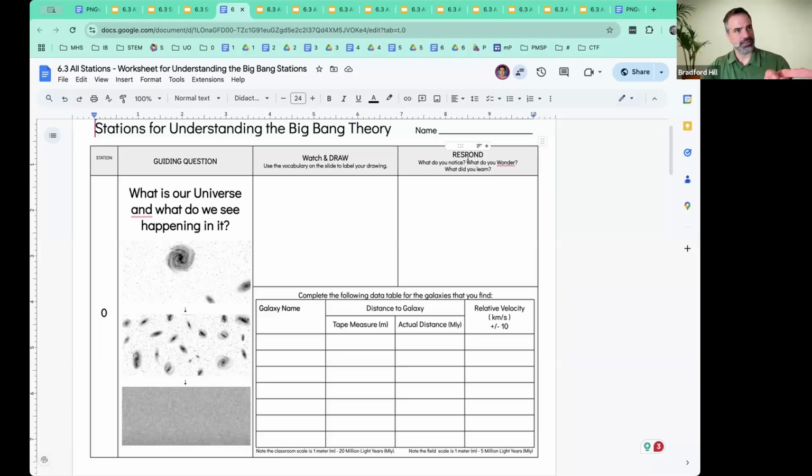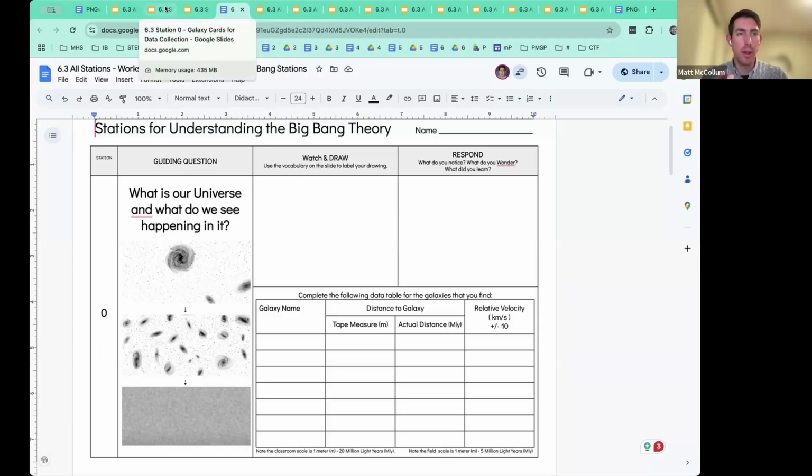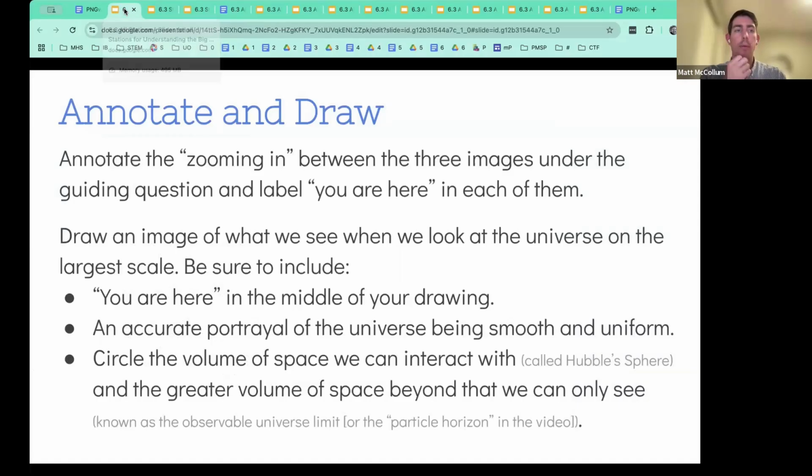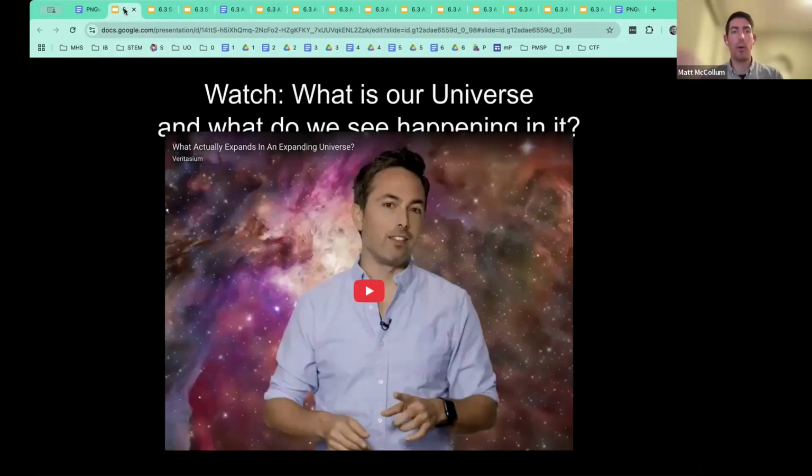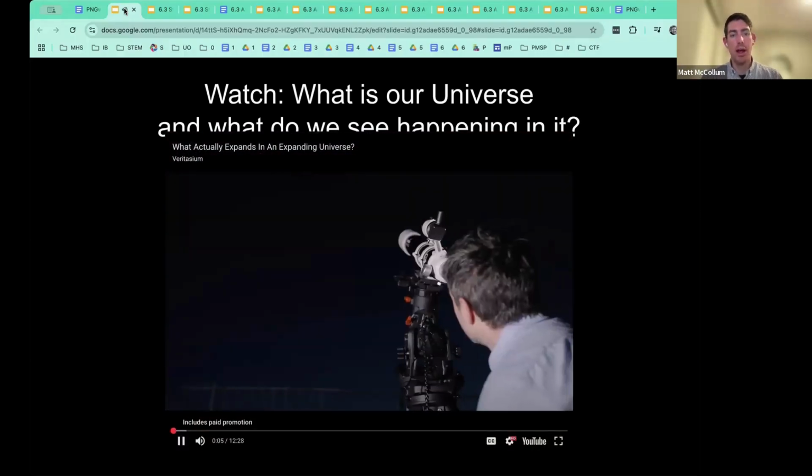I'll throw it over to Matt. No, just the big idea is Station 0 is a station that everyone is doing together. So we're going to talk about the activity that they're going to do, but there are several videos just before, kind of setting the stage.